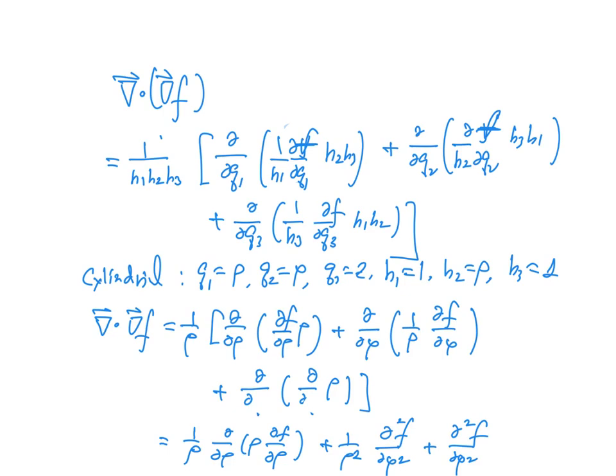So rho, phi, z are independent coordinates. So when you differentiate by rho, this can be put out because they're independent. Of course, you can put out this, right? They cancel each other.